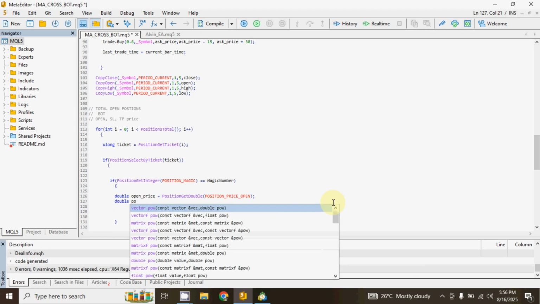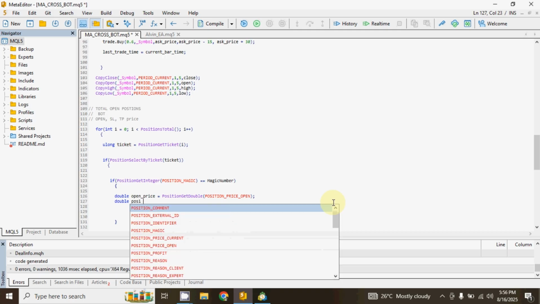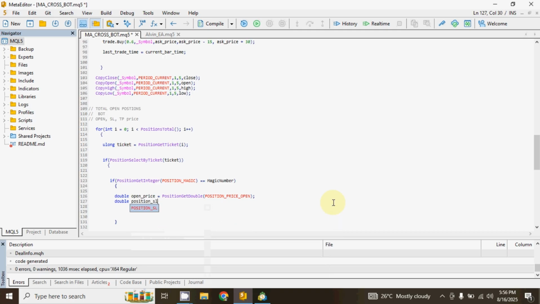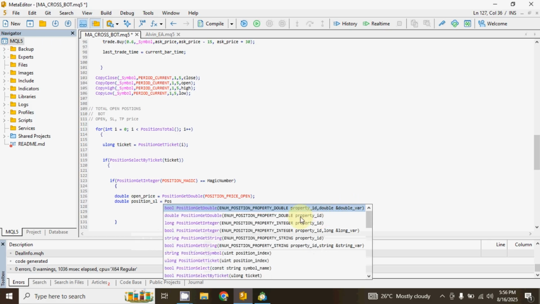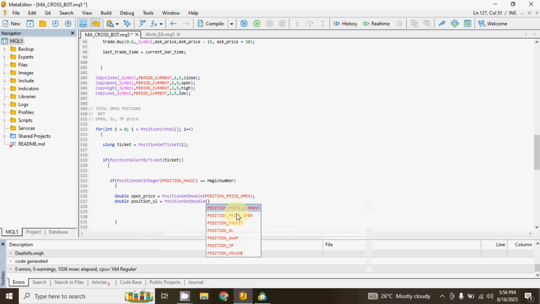Let's do the same thing for position SL equals position get double again. That's the function we are going to use. Then position SL, and it's a semicolon.